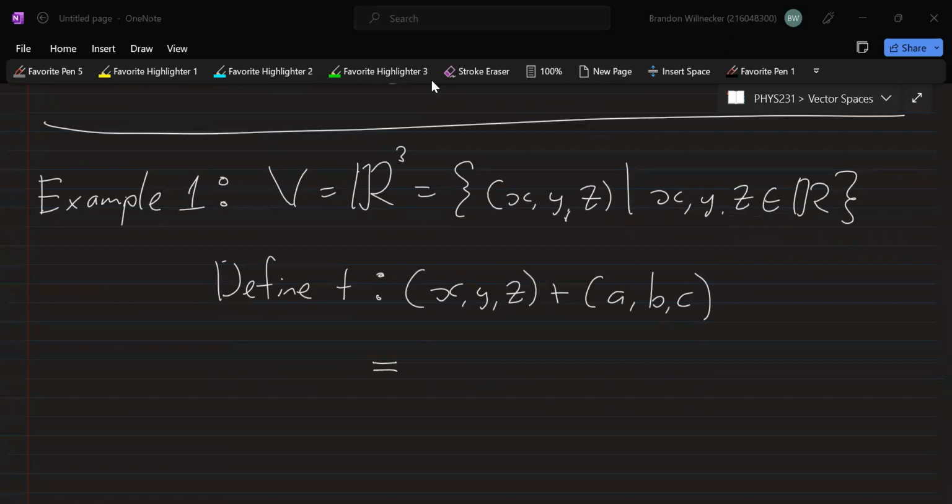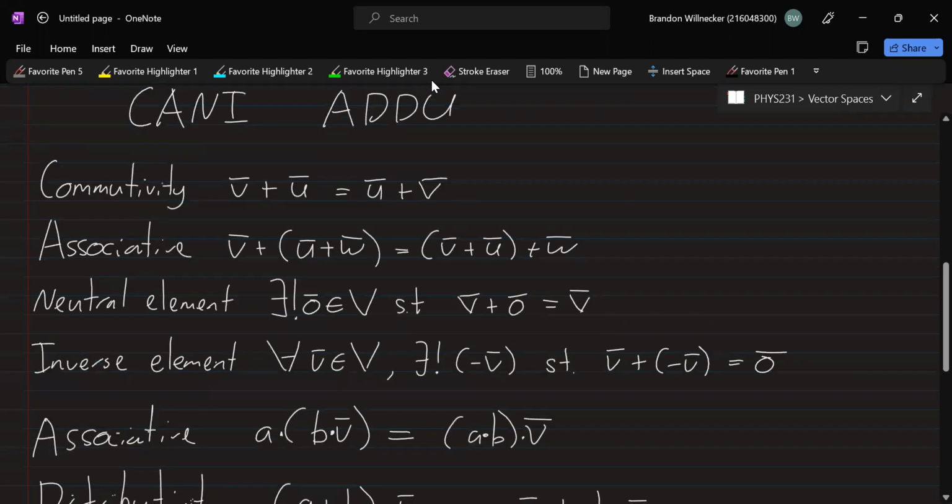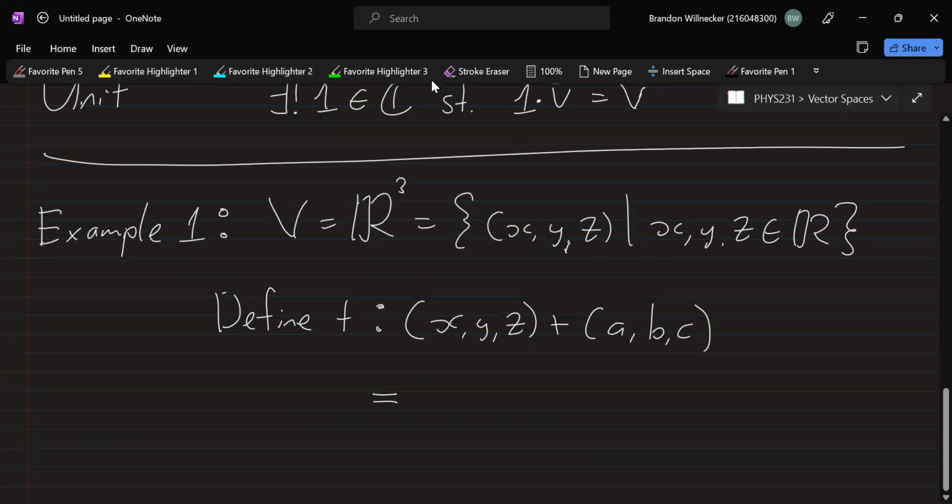You can come up with your own way of adding them, as long as it's consistent with the above rules. But the general method is to do it element-wise: (x plus a, y plus b, z plus c).